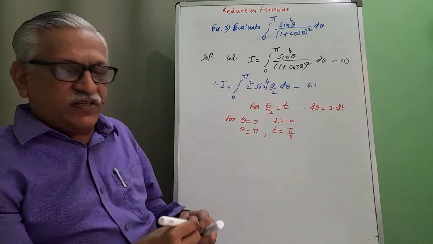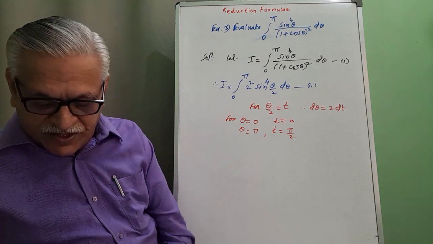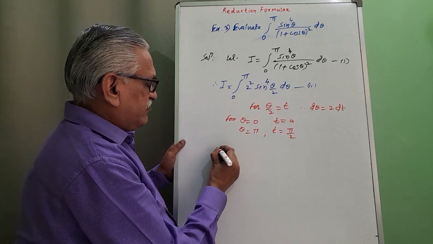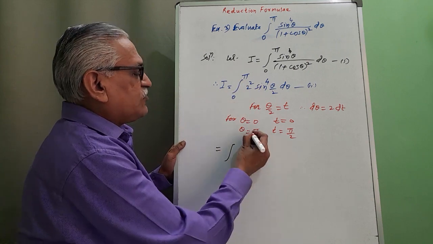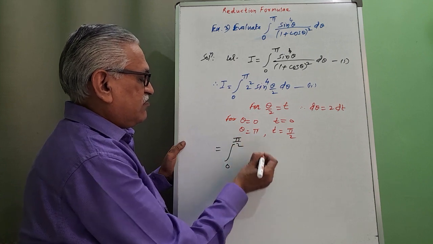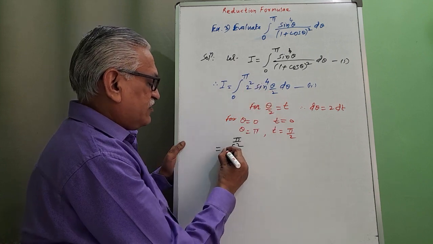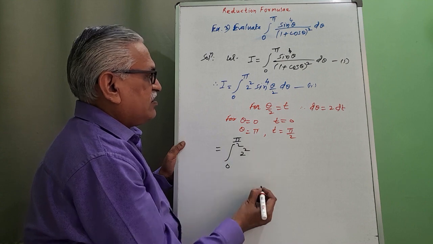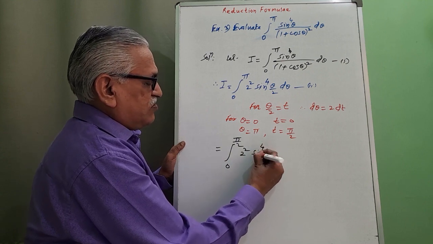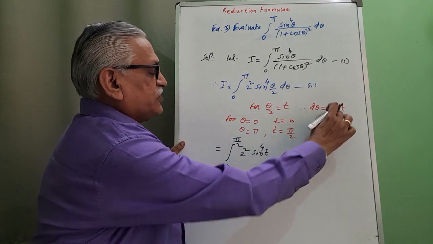Using all this information in that equation 2, it becomes new limits from 0 to pi by 2, 2 square and sin t raised to 4 and d theta is 2 dt.